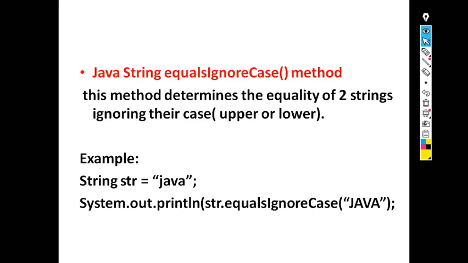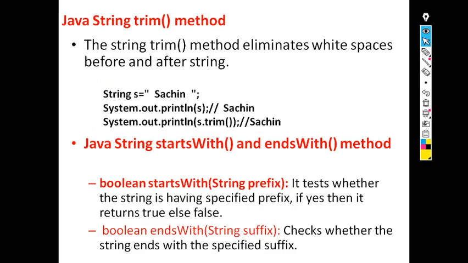So, look, first we have written string str equals Java in small letters, and then within System.out.println str dot equalsIgnoreCase, and within double quotation we have written Java in capital letters. So, equalsIgnoreCase will give you the answer as true, because both contain the same letters, and it will ignore the case.